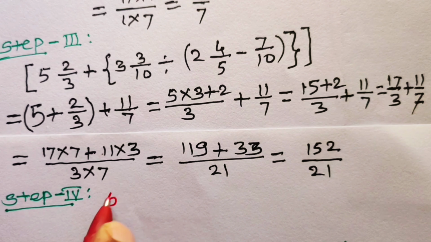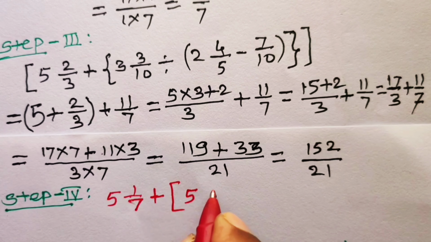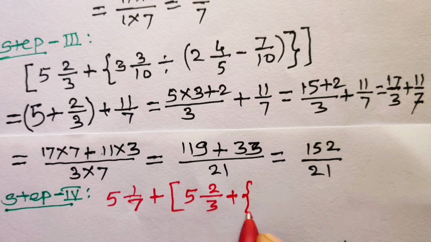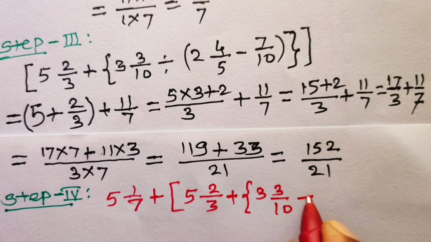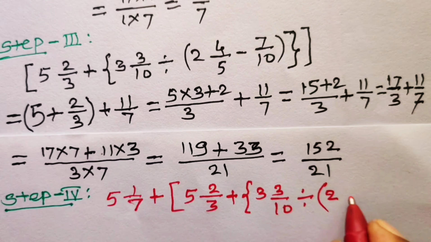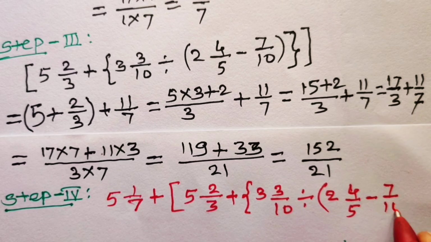Hence, 5 and 1/7 plus 5 and 2/3 plus 3 and 3/10 divided by 2 and 4/5 minus 7 over 10.